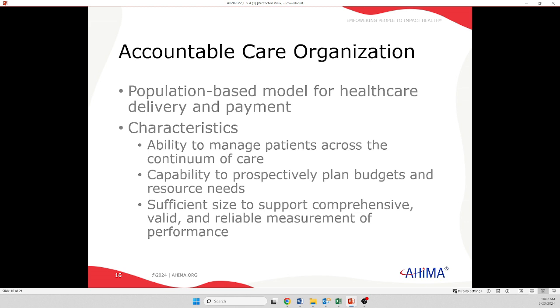So they did that, and they came about with something called our Medicare Shared Savings Program. And with this, it rewarded the providers if they could reduce care. So a lot of these came about, and we see them a lot more than what we did before the Affordable Care Act.